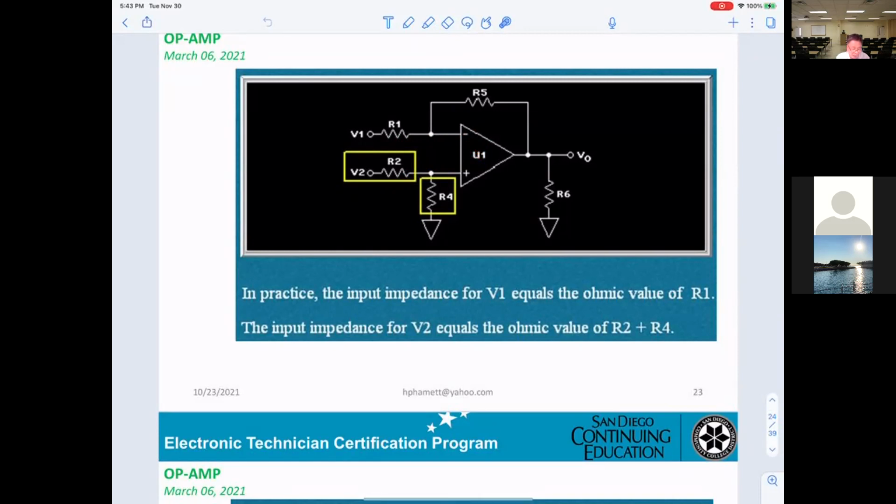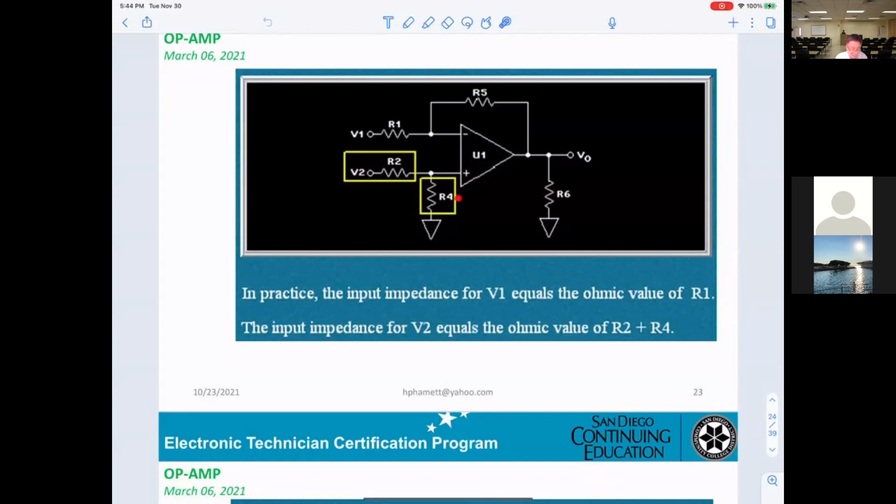Then you ground V1 and calculate the voltage again for the positive input, and now it will be non-inverting.